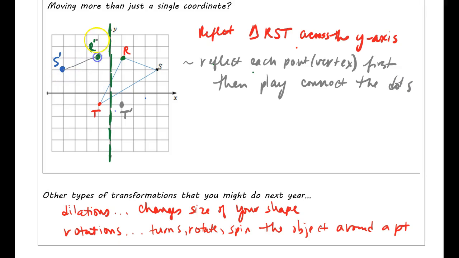Because we know it's going to be a triangle, so then we just connect all of these together. Oh my gosh, I drew to the wrong one, see? That's why you label these. Okay, that doesn't go there. They go to the T with the prime on it, duh. Okay, so R prime, S prime, and T prime are the three that you need to connect now. And it looks something like that, right? So not bad. This whole triangle's been flipped across the y-axis.